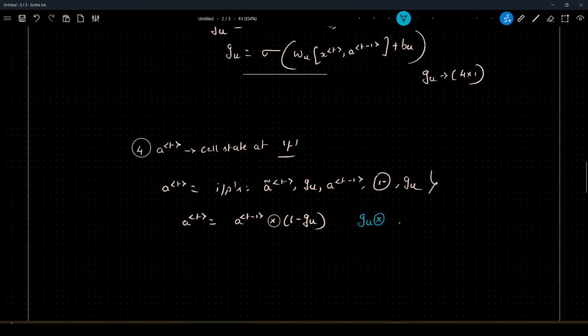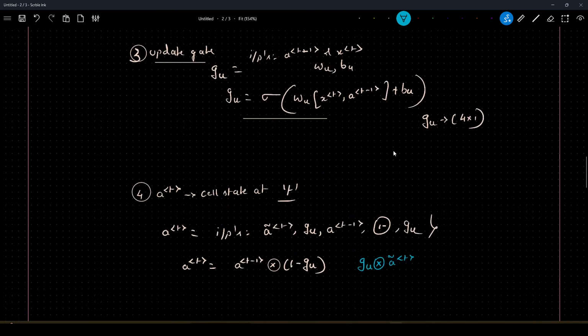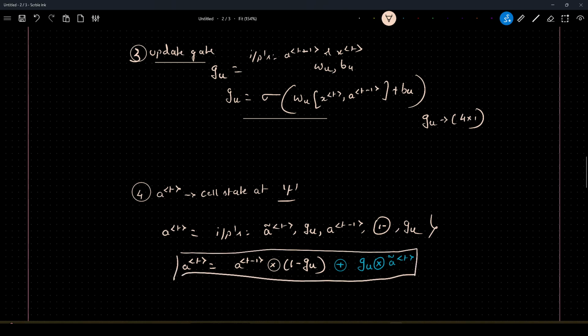GU into A bar T, and in the end we are doing pointwise addition between this component and this component. So, this is how we calculate the current cell state or cell state at time step T.